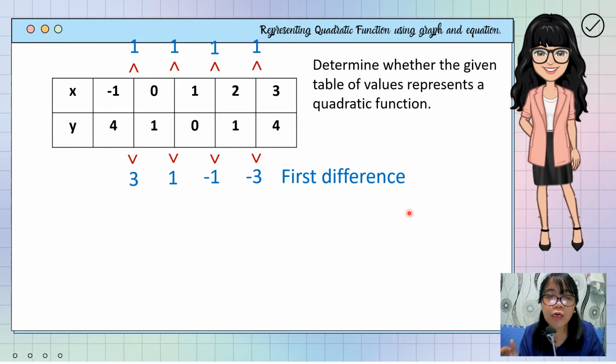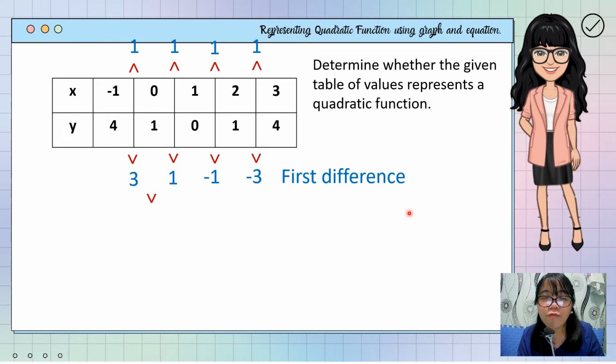Now, it's okay if the first differences are not equal, because we are dealing with a quadratic function. What is important is that after getting the second differences, they should be equal. That is where we can determine whether our table of values represents a quadratic function, if the second differences are equal.